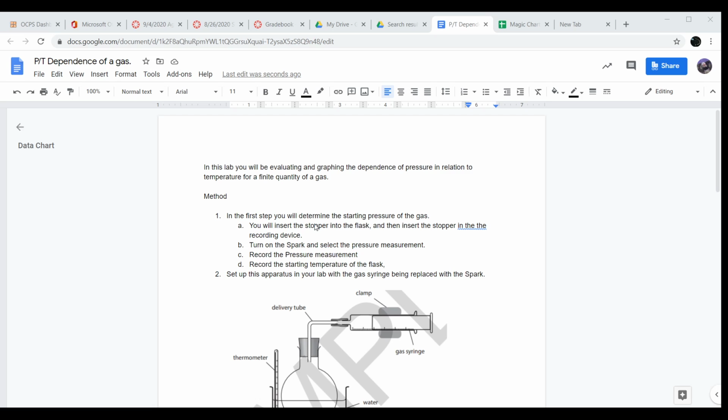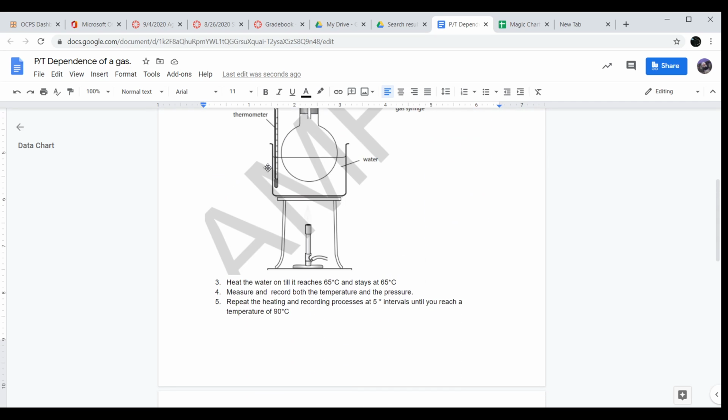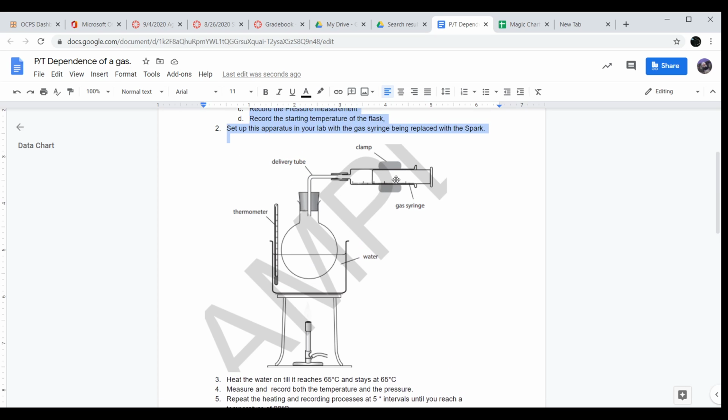Welcome to the lab that we have here that's going to be on the pressure temperature dependence of a gas. In this lab, we have our methodology and our way of measuring it here. Now, in the lab that was originally given to you, you were supposed to have a gas syringe.